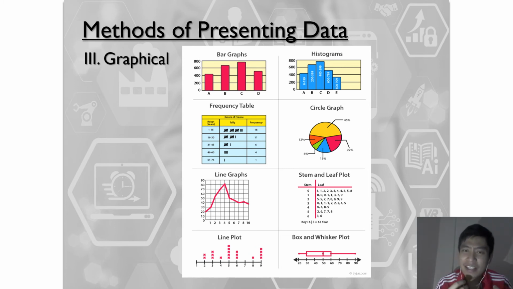Or is your research cross-sectional or longitudinal? Maybe you will use a line graph because it shows patterns. So in 2001, 2002, 2003, there's increasing what? Increasing mortality rate. So why? At that moment, our reader will be curious. Wow, what happened in that year? So that's the power of data presentation.